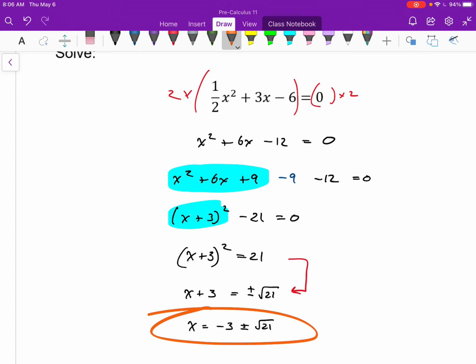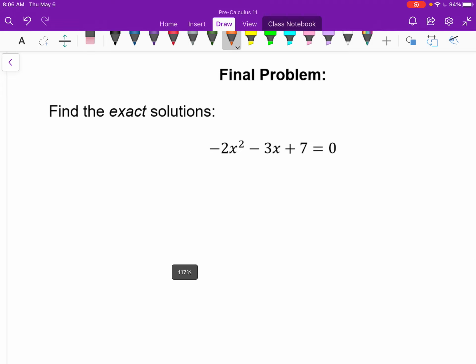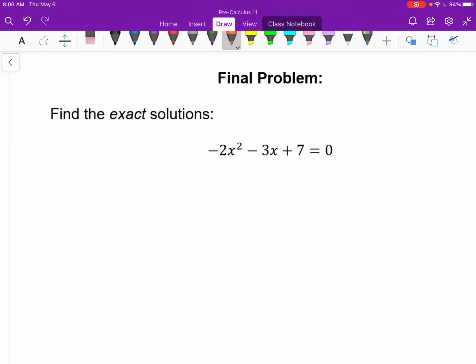So I did say, though, that sometimes solving an equation by completing the square becomes quite cumbersome, like this. Now, for this one, I actually don't recommend you write this down. Or you could, but this is the whole purpose of this last final problem, to show you how, even though I can solve this by completing the square, it's going to be cumbersome.